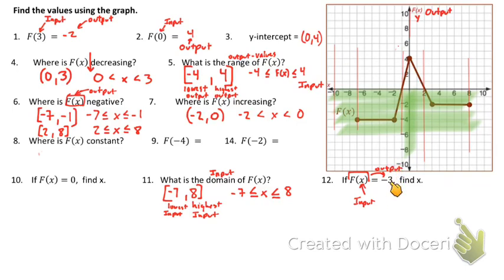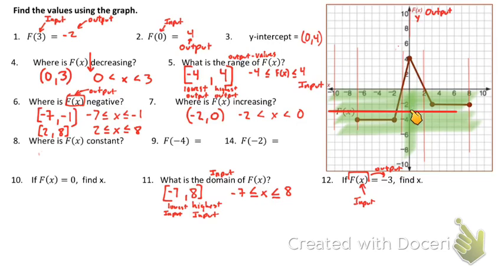Okay, so that means looking at the output line, I want to go to -3, and I'm going to draw a horizontal line here. Okay, let's make this a little thicker. So at -3 on the output, let's do a horizontal line. So that is -3 for my output.